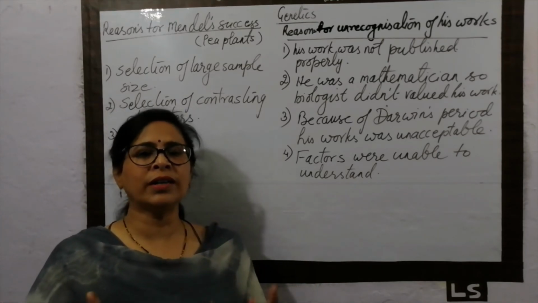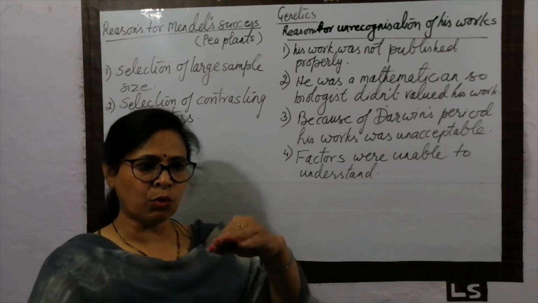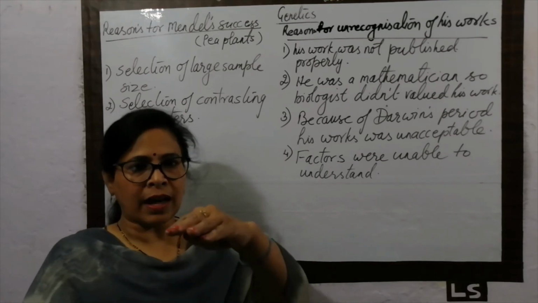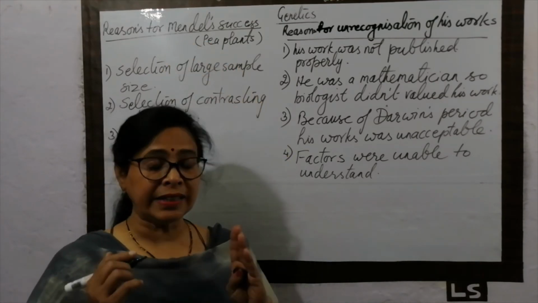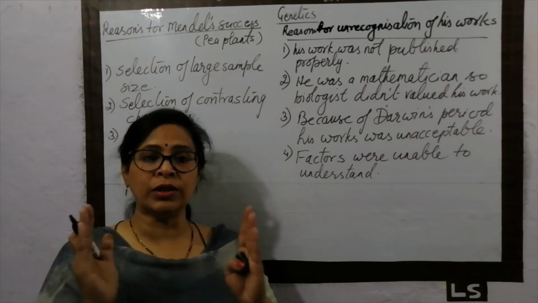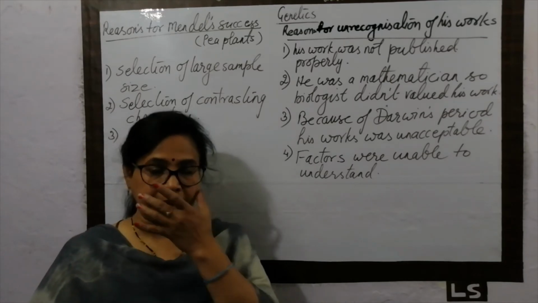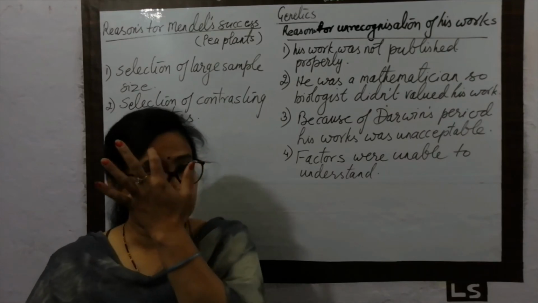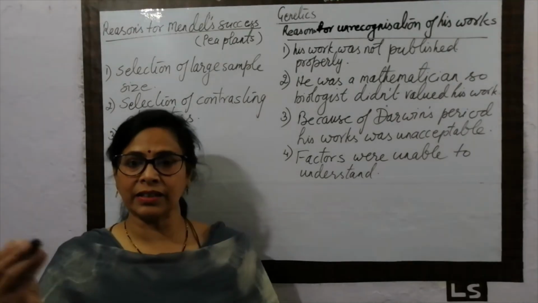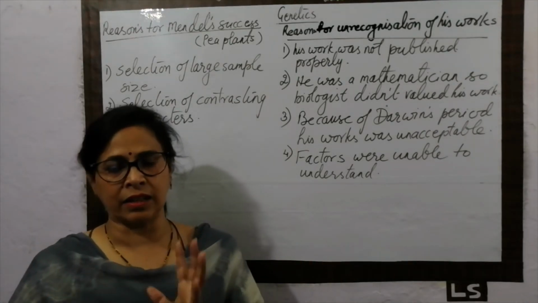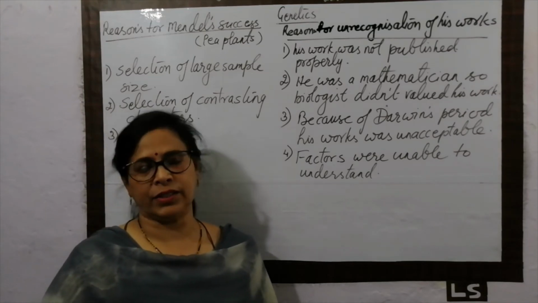It is not calculated on that basis. It easily divides into two different traits. If one is tall, then the other one is dwarf. So they are just contrasting, just opposite to each other.